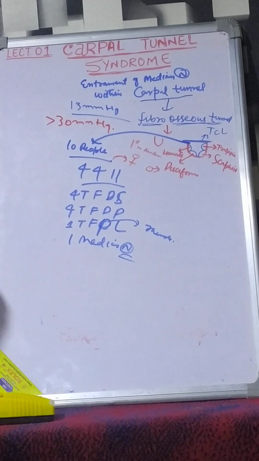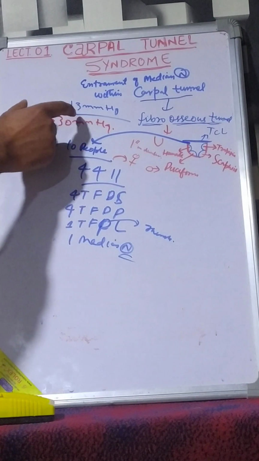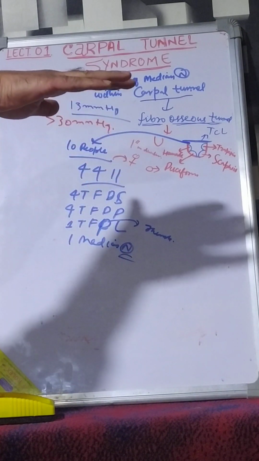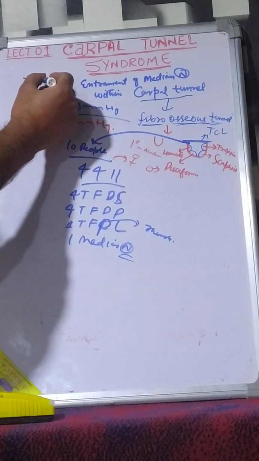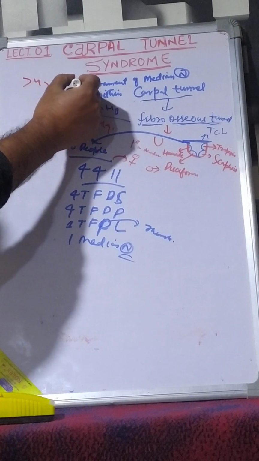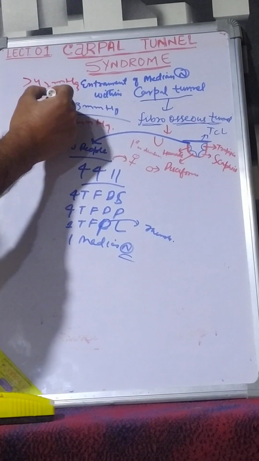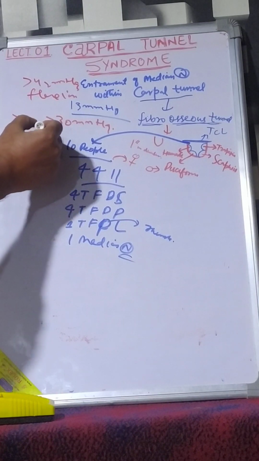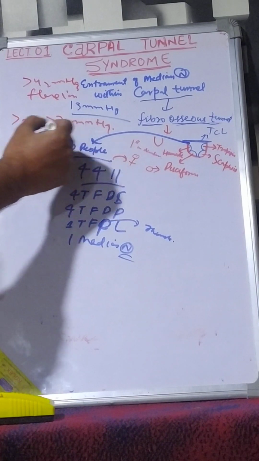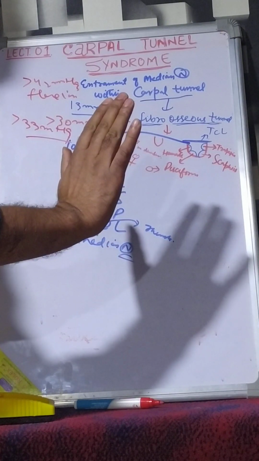It also varies. In extreme wrist flexion, it goes up to 42 mm of Hg, and it is roughly 33 mm of Hg in wrist extension.